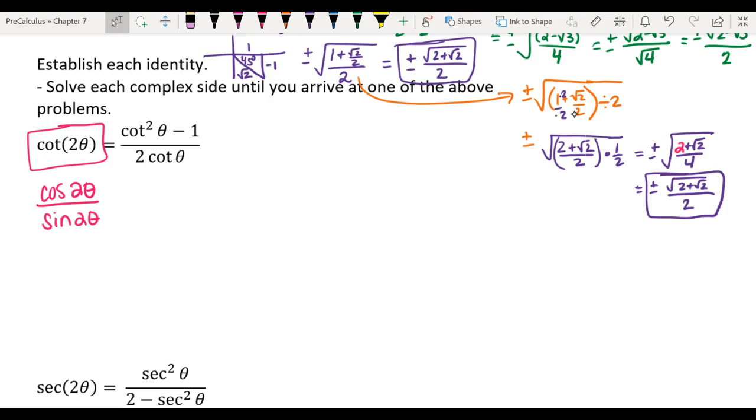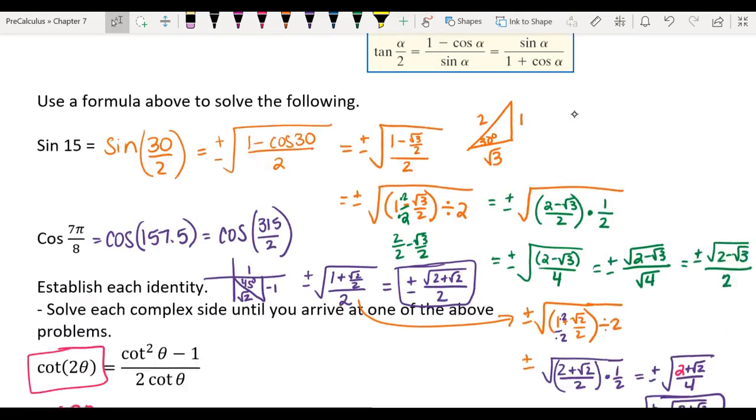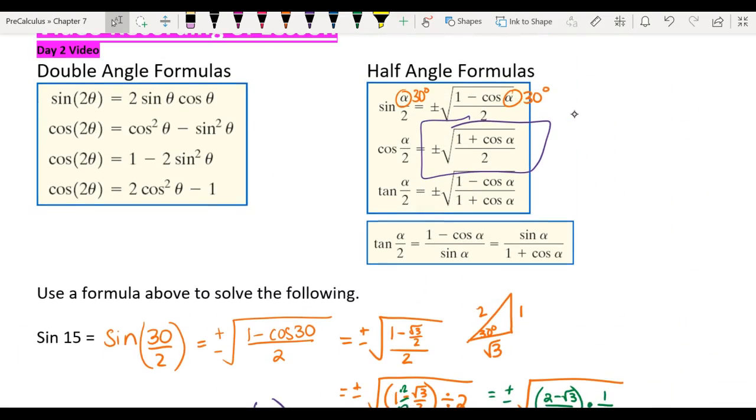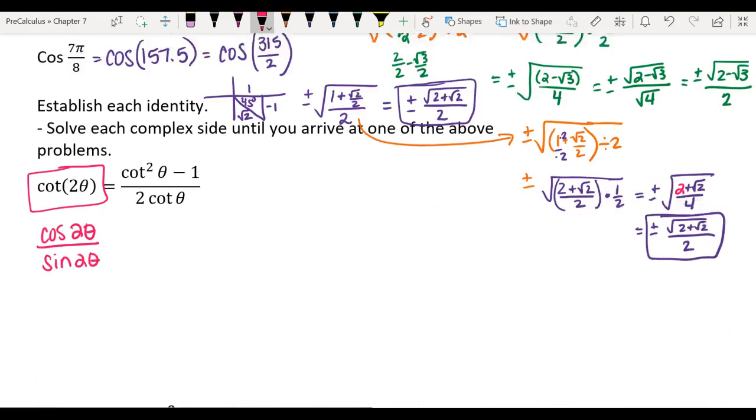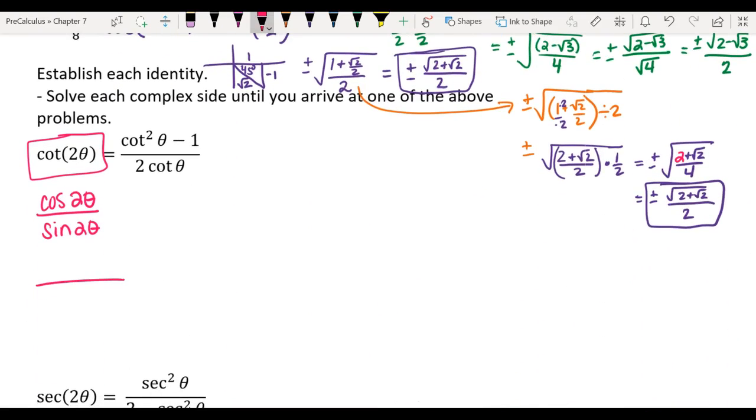All right. So obviously with sine, we have to use 2 sine of theta cosine of theta. So the bottom is definitely 2 sine of theta cosine of theta. Okay?